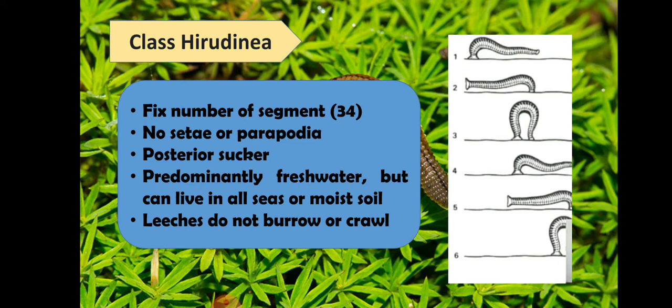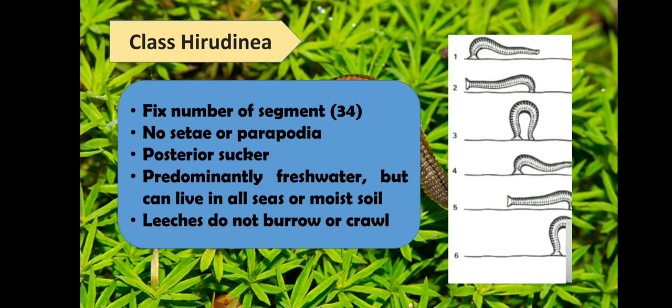So they have a fixed number of segments that makes them different from other types of segmented worms, and also they don't have setae or parapodia, and they have a sucker at their posterior end, and they are predominantly freshwater, but they can also live in all oceans or moist soil.